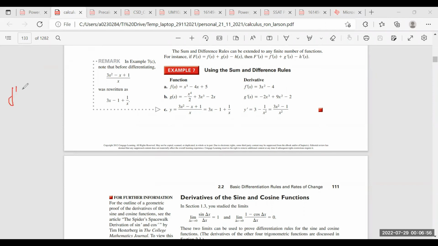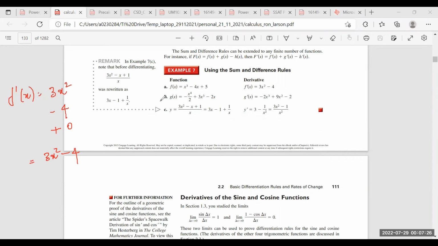So f prime of x will be the derivative of x cubed, which is 3x squared, minus the derivative of 4x, which is just 4, plus the derivative of 5, which is 0. So your final answer will be 3x squared minus 4. Does that make sense? Okay, go ahead, try out part B.